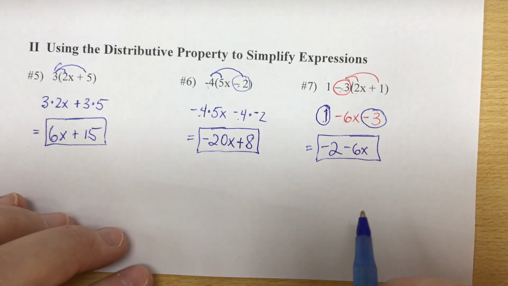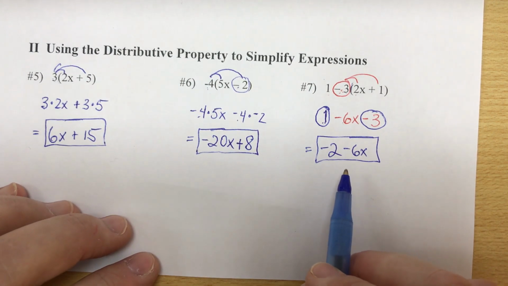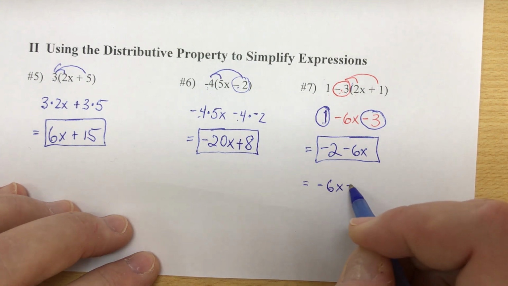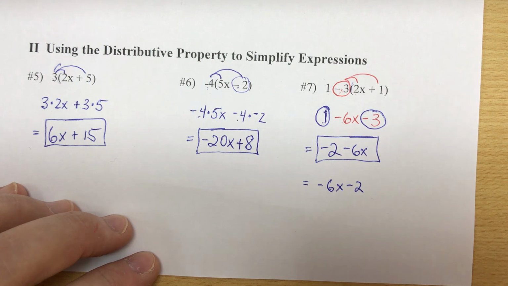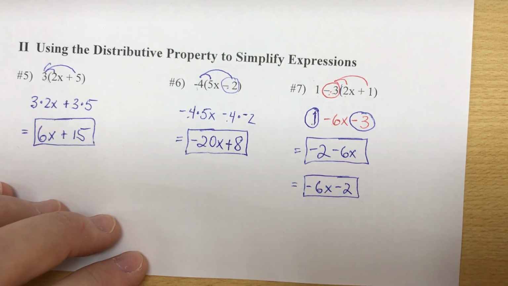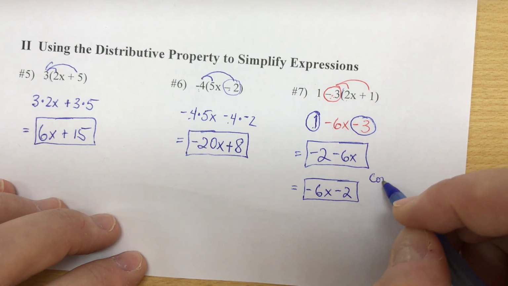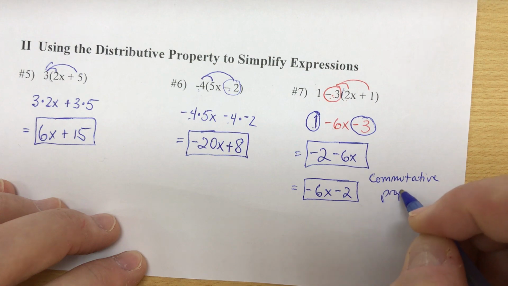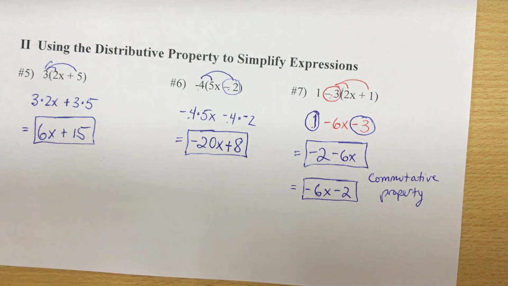A lot of times we will write the variable first. So if you wanted to, if you wanted to say negative 6x minus 2, that is also correct. You can do that. Why are we allowed to do that? Well, that is what we call the commutative property. And that is the end of part 1.